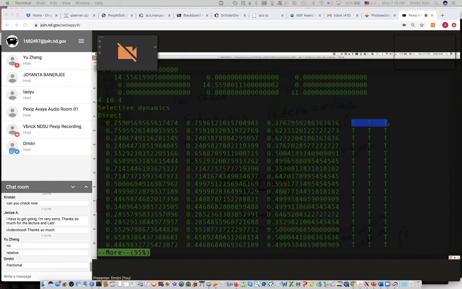If you want to freeze any atom or any Cartesian projection, we replace the letter T with letter F, freeze or forbid. The first letter corresponds to X, second to Y, third to Z. So if you want to allow the first hydrogen to move in X and Y and fix its Z coordinate, we replace the last T with letter F.